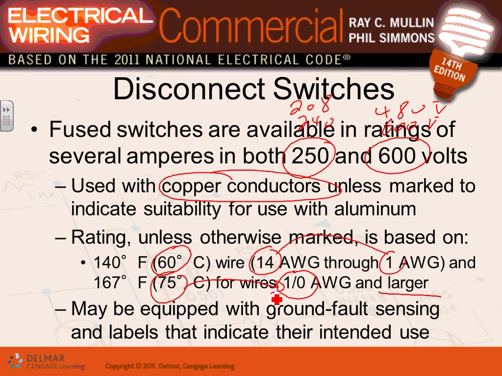We said if your conductor is 1 aught or larger, you default to the 75-degree column when you size, because the lugs will be rated for 75. If your conductor is number 1 or smaller, you default to the 60-degree column, unless you know otherwise.